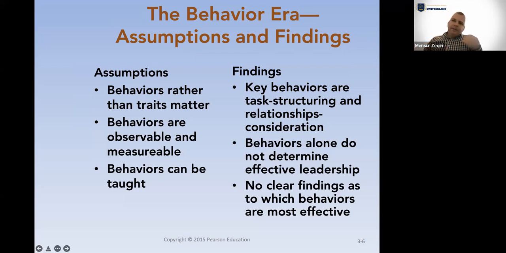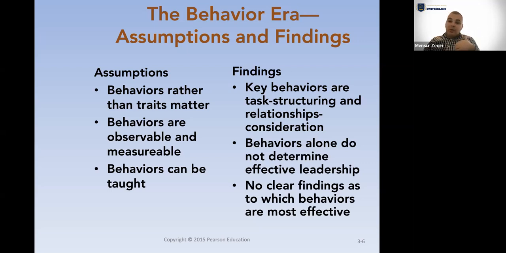So some of the main findings of this particular era were that some key behaviors are task structuring and relationship consideration. Behaviors alone do not determine effective leadership. So once again, even this era of behavioral research did not support some of the main assumptions.